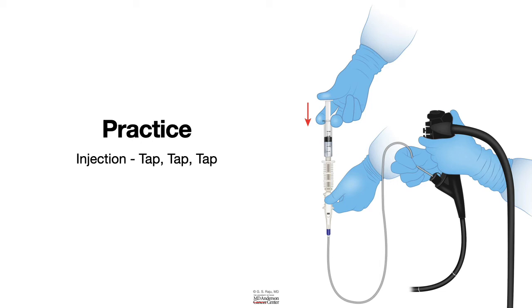The tap should get less than a few drops of fluid out, but forcefully. And once the endoscopist tells you to inject, get into the habit of saying loudly the amount of fluid injected. 1 cc, 2 cc, 3 cc injected.